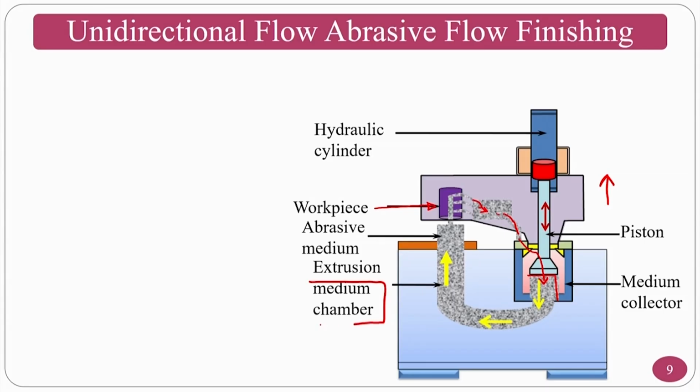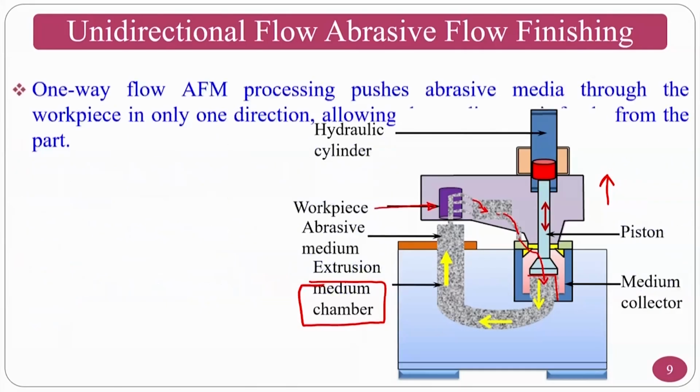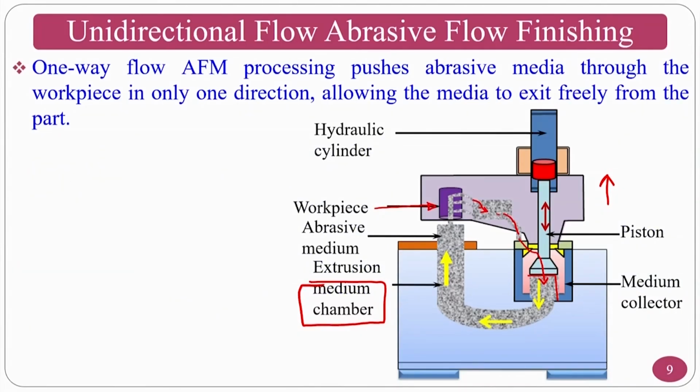So, the medium will be placed in the medium chamber, and abrasives and medium are extruded through the workpiece to be finished. This is called the one-way abrasive flow finishing process. As you can see here, it pushes the abrasive media through the workpiece in only one direction.